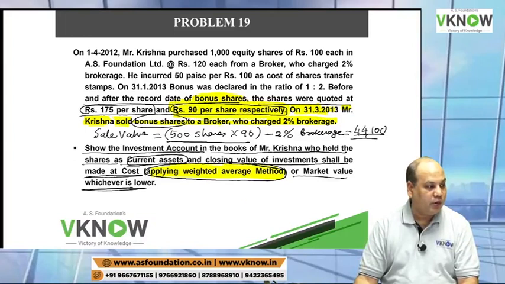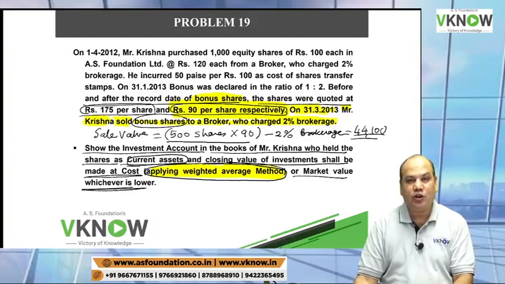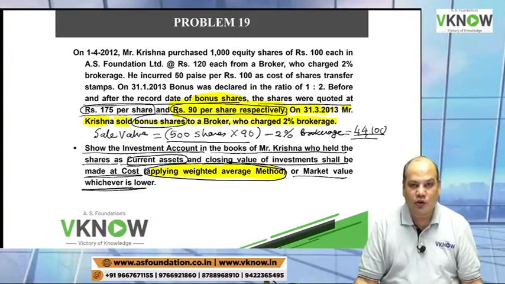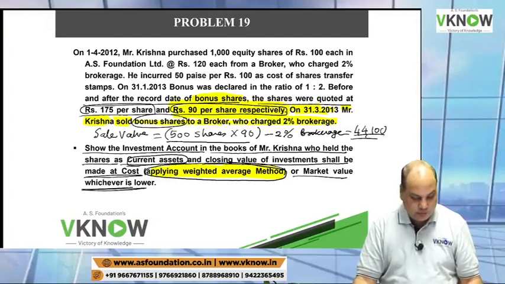For calculating profit and loss you will take the weighted average cost method, and for closing stock you will take cost or market value, whichever is lower. So that would be your closing stock valuation.